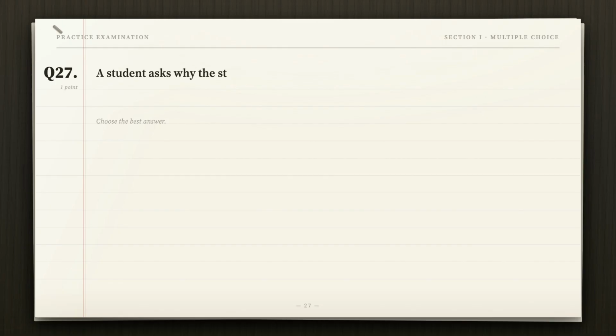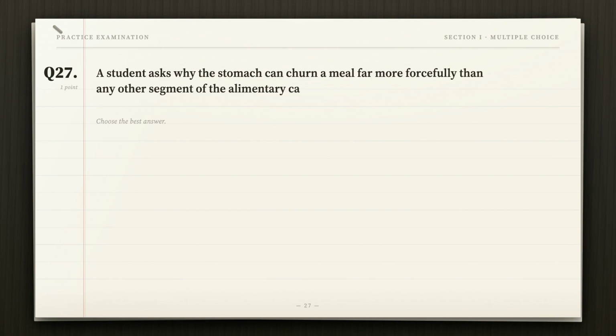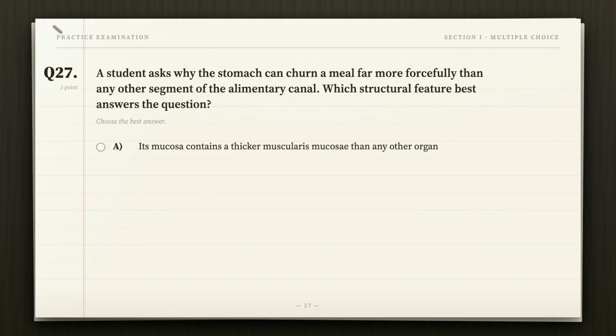Question 27. A student asks why the stomach can churn a meal far more forcefully than any other segment of the alimentary canal. Which structural feature best answers the question? Your options are: A. Its mucosa contains a thicker muscularis mucosae than any other organ.